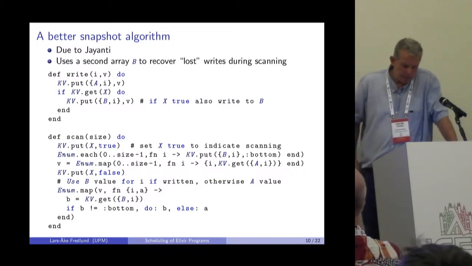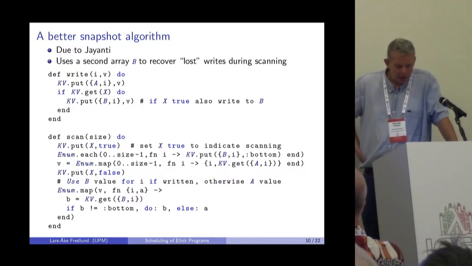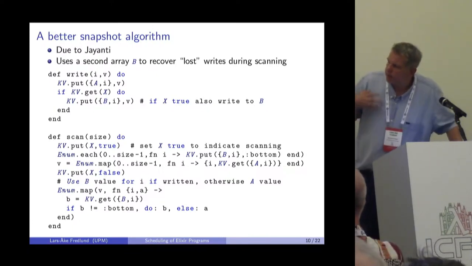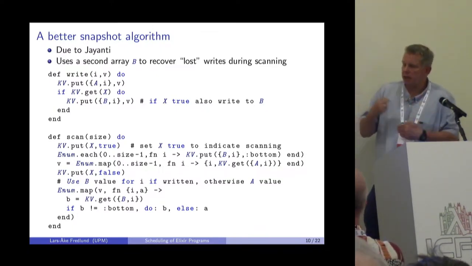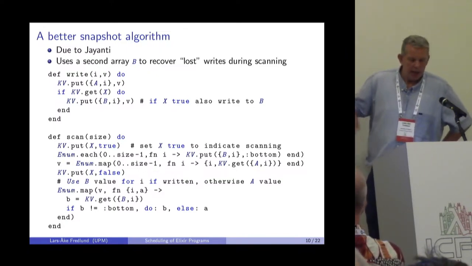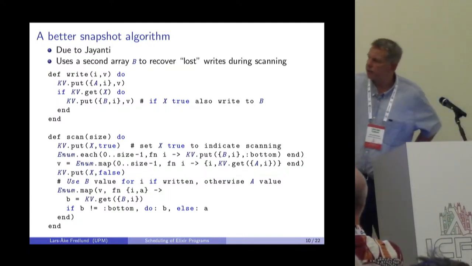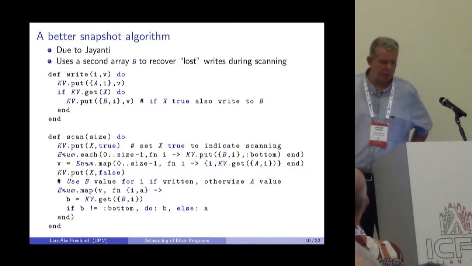One can point out some details. In the scan process, the first line sets an X variable to true, indicating the scanning begins. The write function first writes to the A array, as before, then checks whether X is true, whether scanning is in process, and then writes to the B array as well.